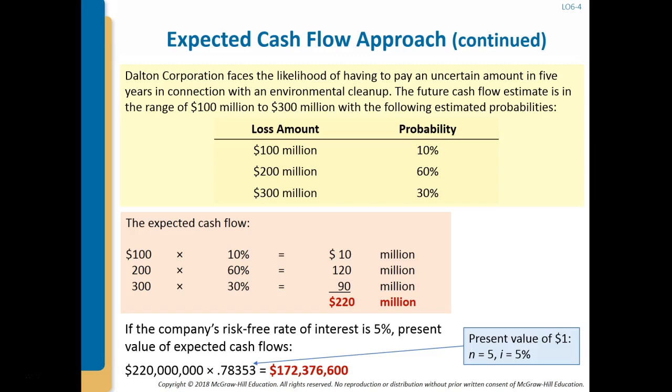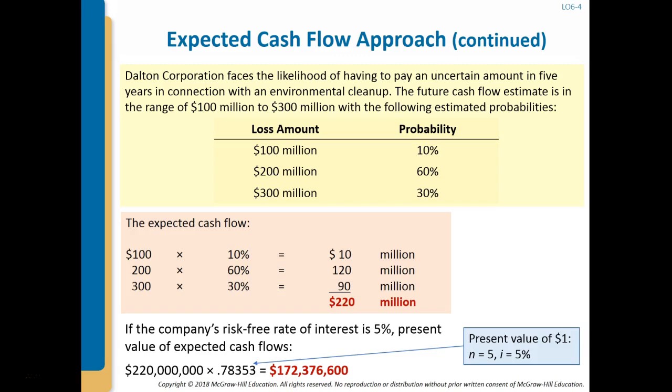Let's look at this. The expected cash flow is calculated as $220 million. If the company's risk-free rate of interest is 5%, Dalton will report a liability of $172,376,600, the present value of the expected cash outflow.